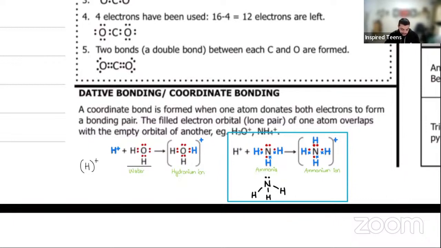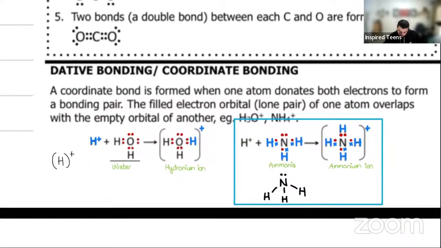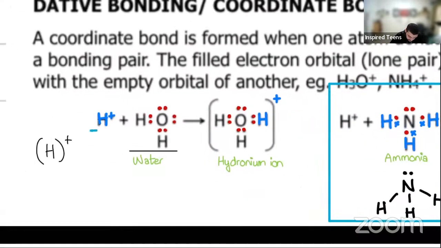So dative covalent, we went through the explanation. Now let's go through the diagram. Dative covalent bonding is when we have a guy that comes with no electrons. This poor guy is a hydrogen plus. It is a hydrogen ion.